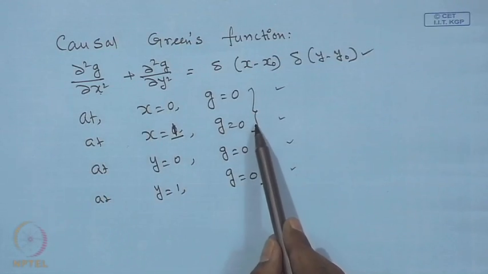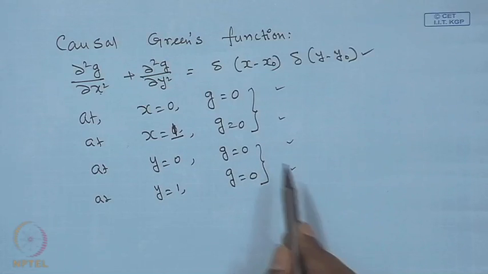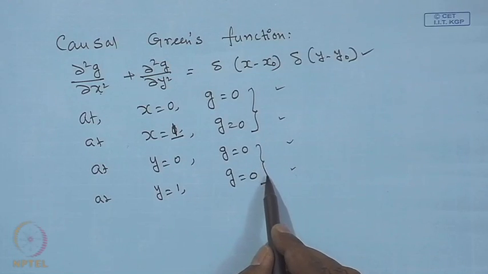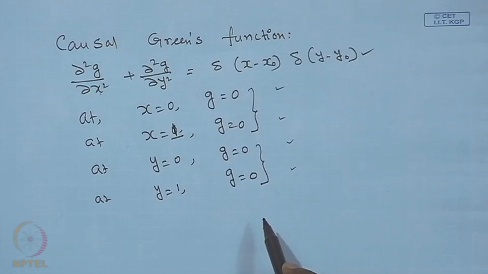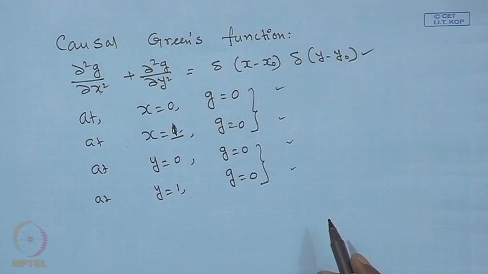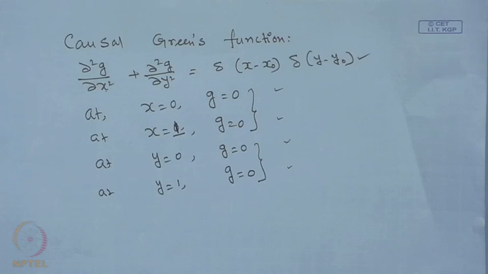In the x direction we have an independent eigenvalue problem, and in the y direction as well. So, this problem can be broken down, and the Green's function can be expressed as a function of the eigenfunctions in the x direction as well as the eigenfunctions in the y direction. So, we are looking into the causal Green's function of an elliptical partial differential equation, and we have seen how to formulate the Green's function in such a case.